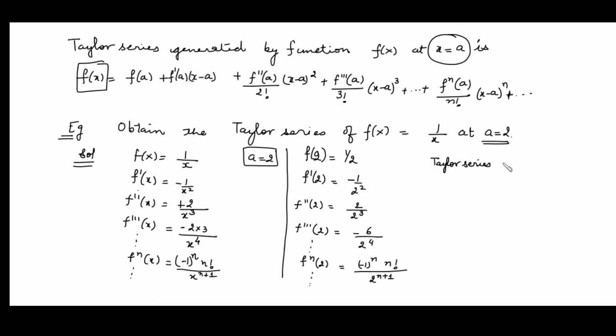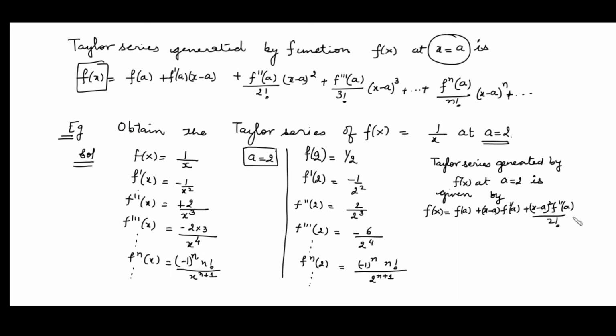The Taylor series generated by f(x) at a is equal to 2 is given by f(x) is equal to f at a plus (x minus a) into f dash at a plus (x minus a) whole square f double prime at a by 2 factorial, and so on. So now you just substitute the value of f at a, it is half.